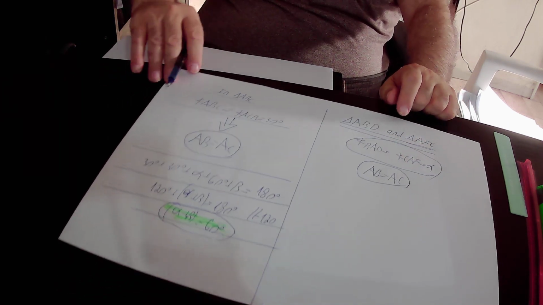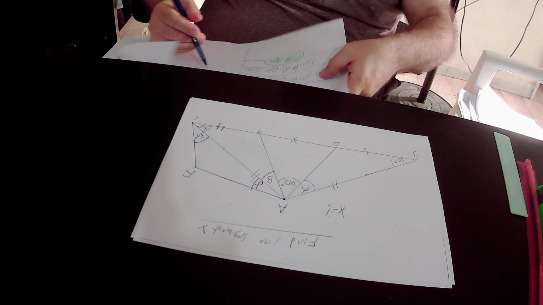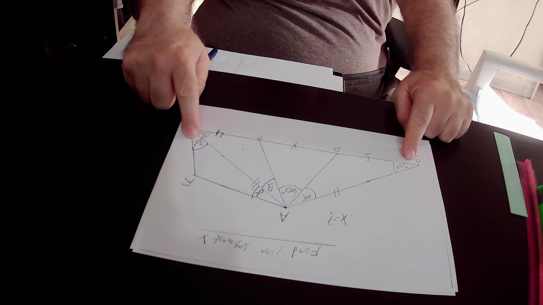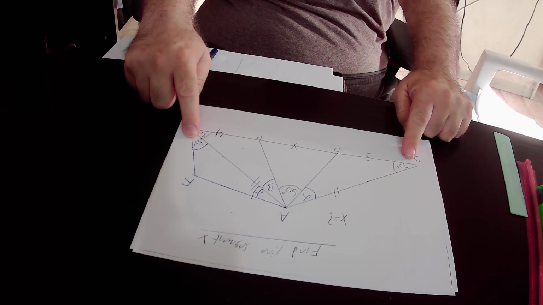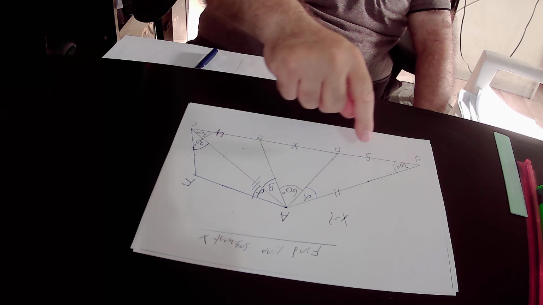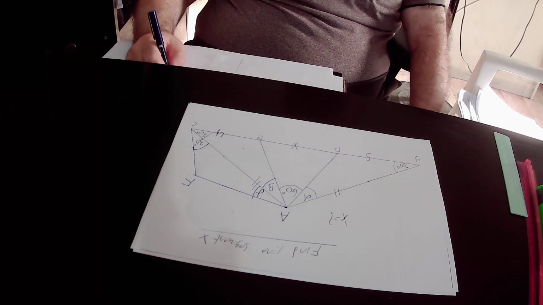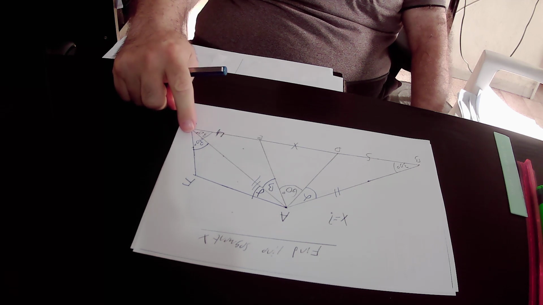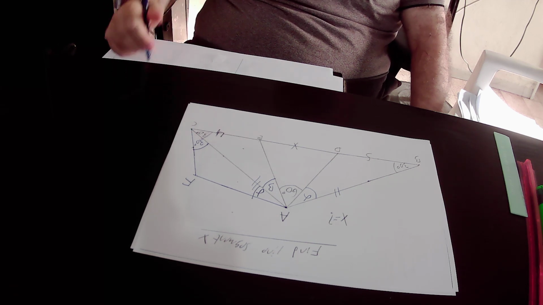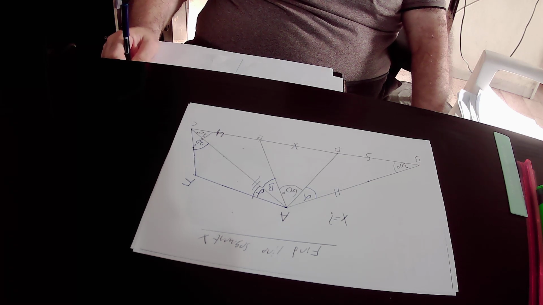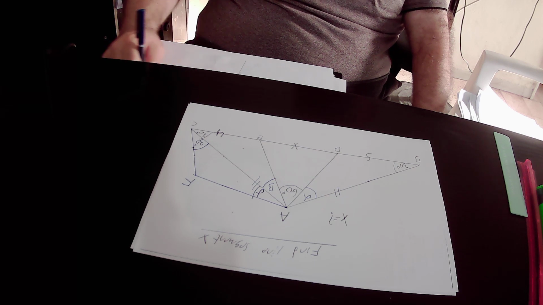And finally, those two angles are both equal to 30 degrees, therefore they are equal to each other. So this angle ABD is equal to this angle, that is actually angle ACF, and both angles are equal to 30 degrees, therefore they are equal to each other.